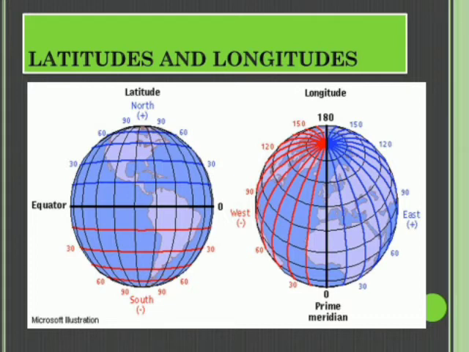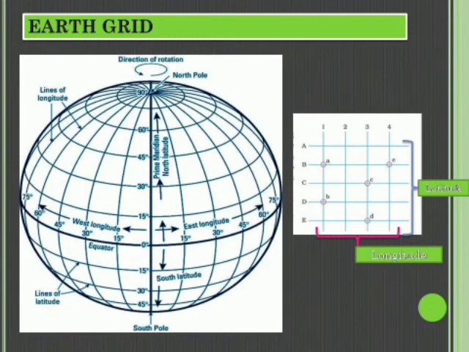See the next picture. After drawing these latitudes and longitudes we get a grid. Grid means the intersection of the latitudes and the longitudes. Based on where the latitudes and longitudes meet, we can identify a place easily.